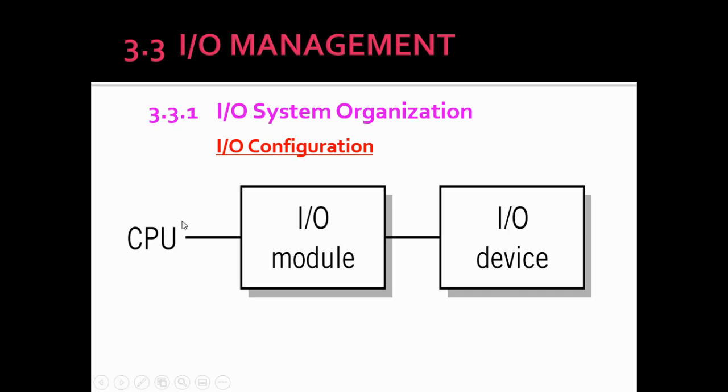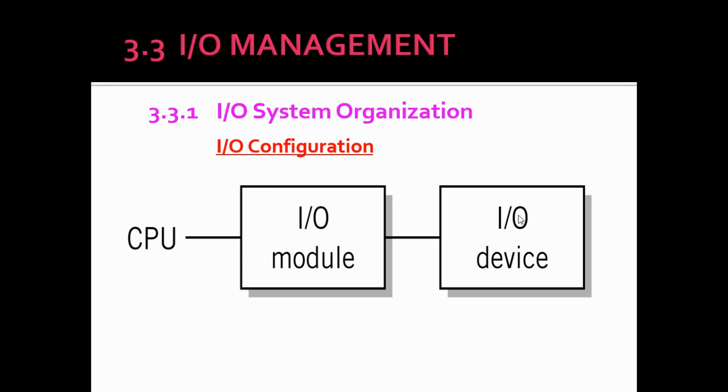On the left hand side here you have the CPU, which is where all the processes take place, and you have the input output module and the input output device. Each input output device will share one IO, or input output, module. I repeat: each input output device will share one input output module.